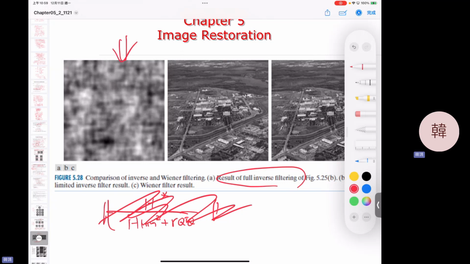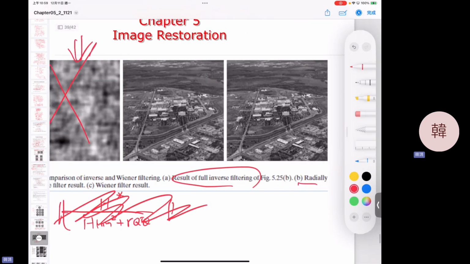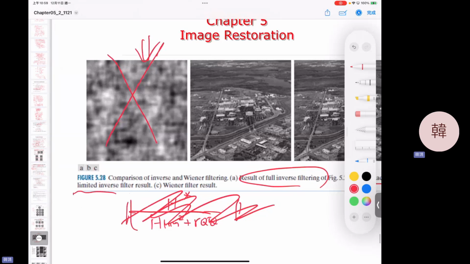So if you have additive noise and a degradation function, but use the inverse filter immediately, the result is very bad. But remember, we have the radially limited inverse filter. We say this is the inverse filter, H inverse, and then we use only part of it. This one doesn't do division, doesn't inverse. It only cares about the central part, with different radii.